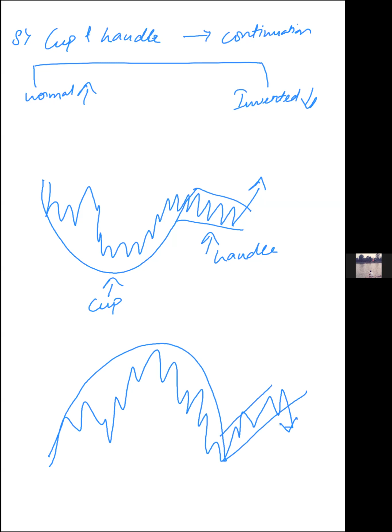It's basically a U-shaped figure with a channel or a pennant kind of structure. It can also be a pennant out here.